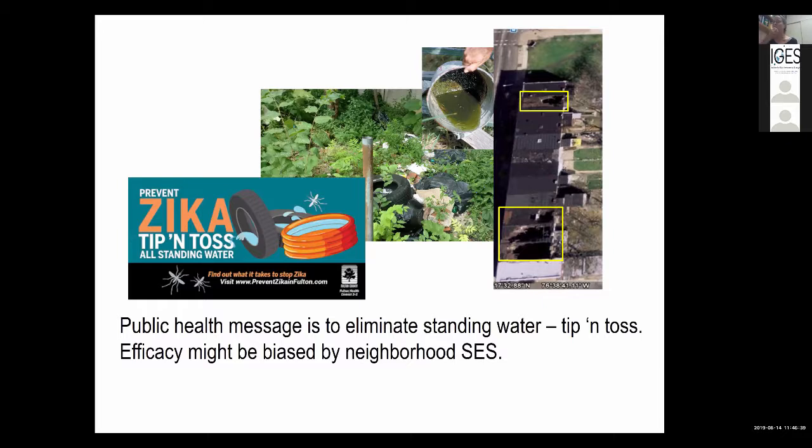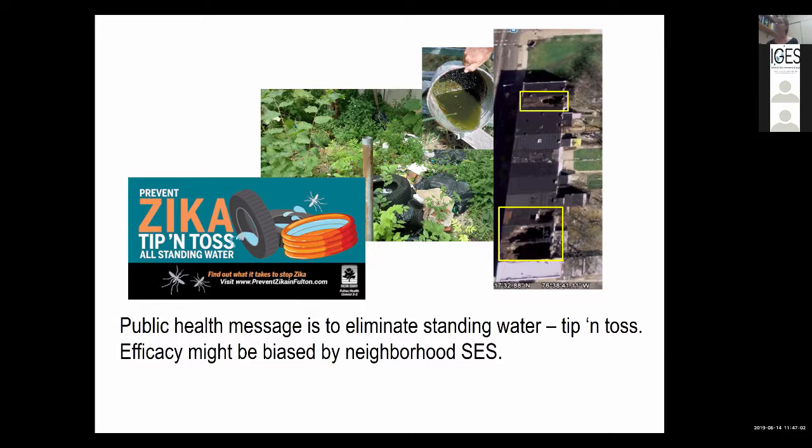And this is, of course, really important because the public health message around things like how do you prevent Zika or chikungunya or dengue is that you have to tip it, right? Tip it and toss it. That there's some personal residential responsibility to get rid of mosquito habitat, and that will be effective in helping to protect residents.